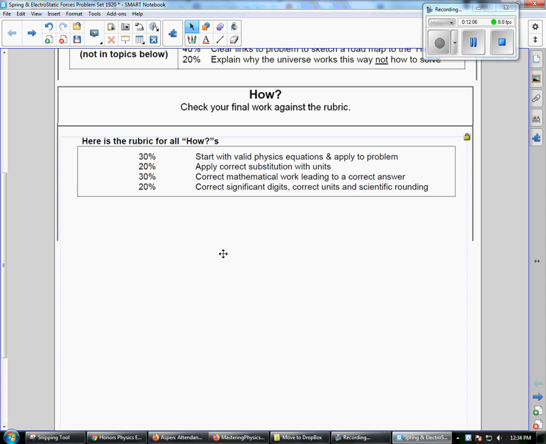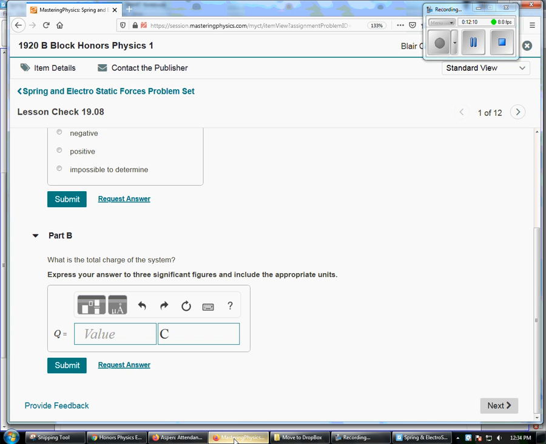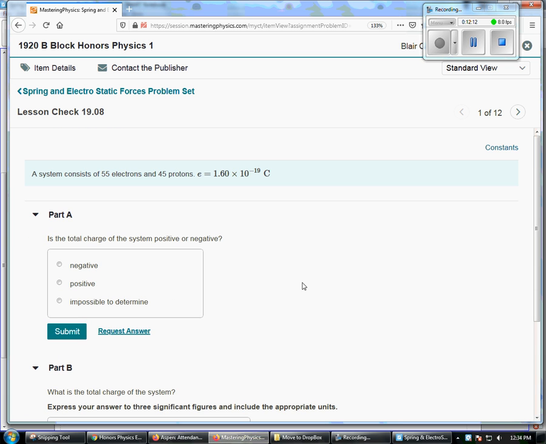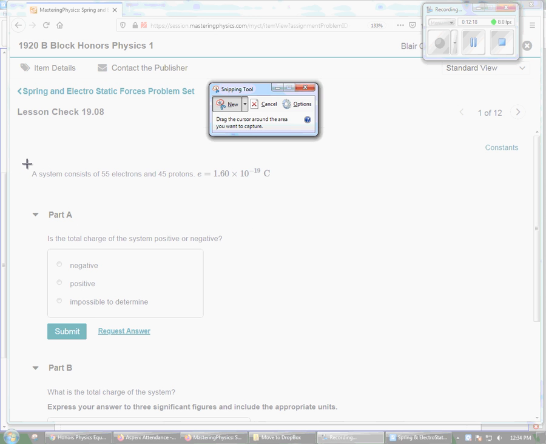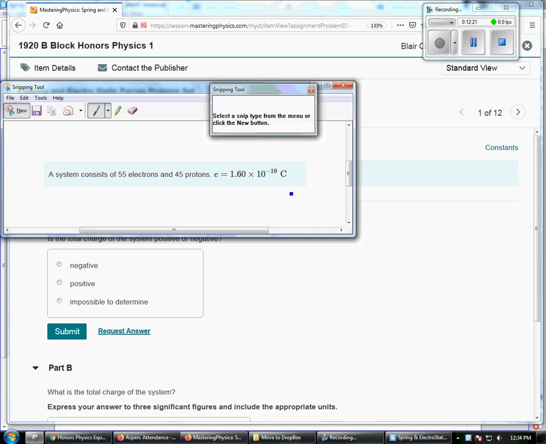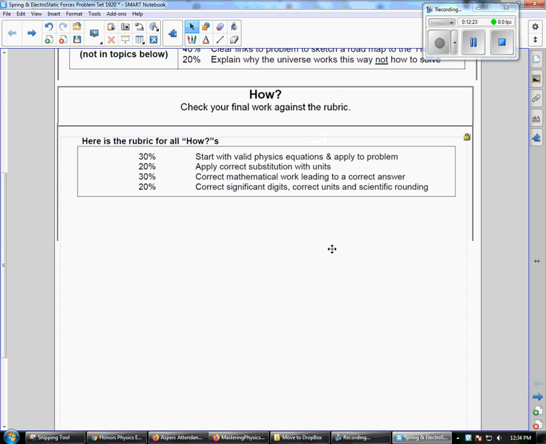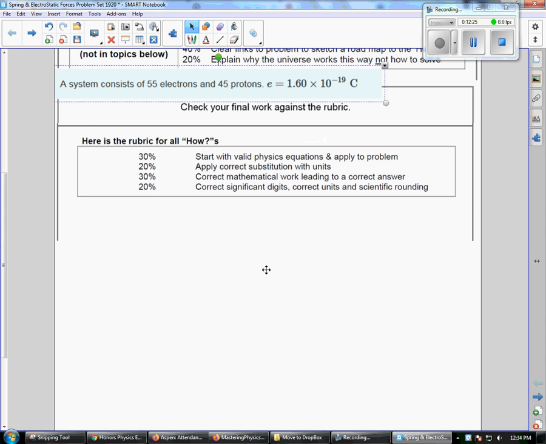So there really isn't any equation on our equation sheet for this. I'm going to grab this just so I can see it easier. You may see that charge they have on E there.